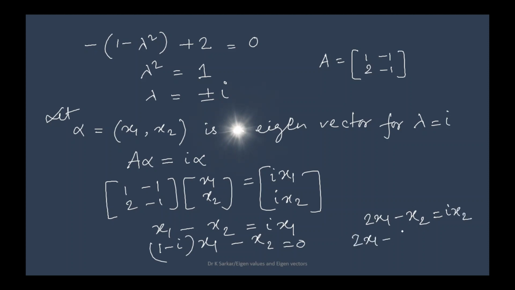So 2x1 minus (1 plus i) x2 equals 0. Now let us solve these two equations: (1 minus i) x1 minus x2 equals 0, and 2x1 minus (1 plus i) x2 equals 0.